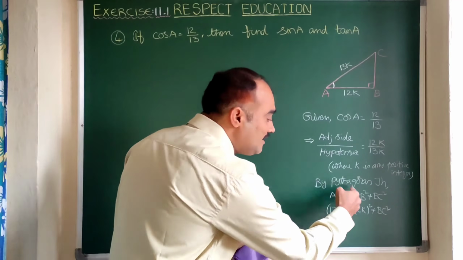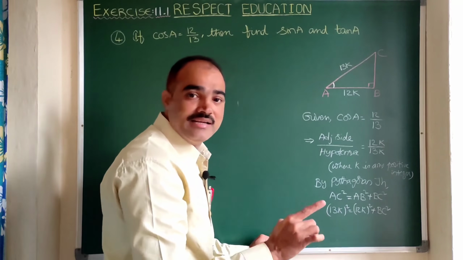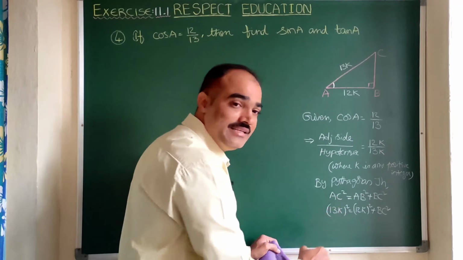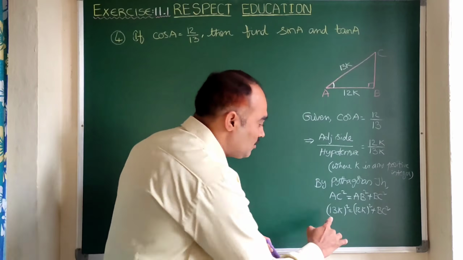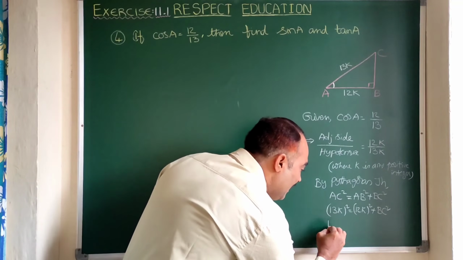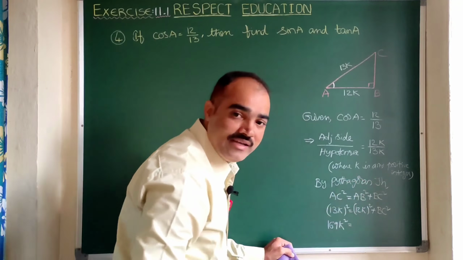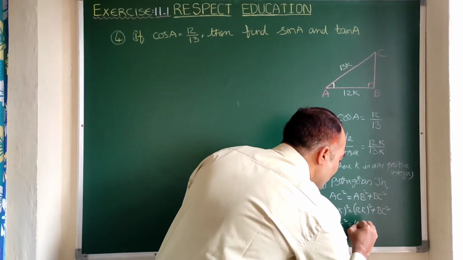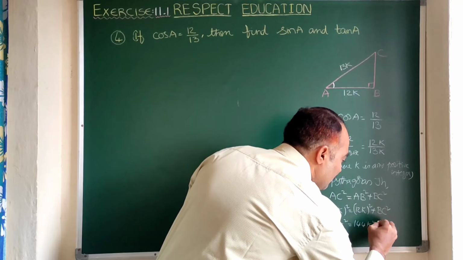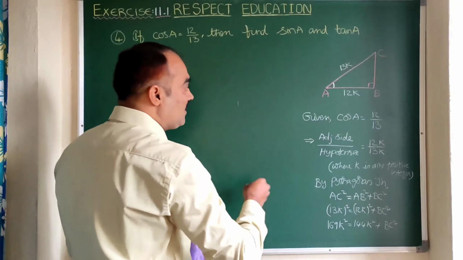Clear? What is 13 square? 169. What is k square? K square is k square only. So what is 13k whole square? 169 k square. What is 12 square? 144. So 144 k square plus BC square. Let us send 144 k square to this side.